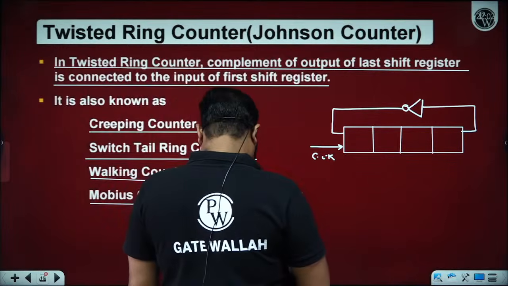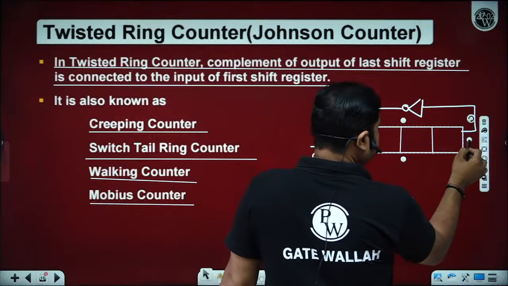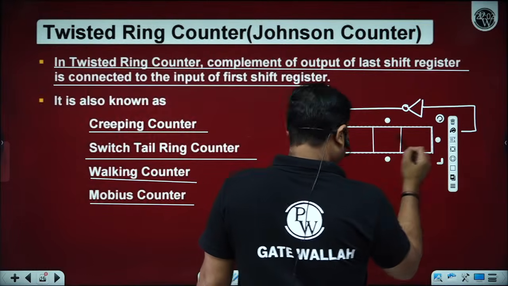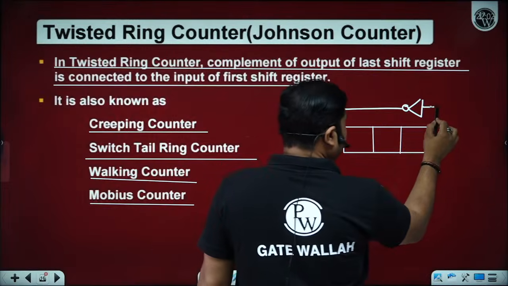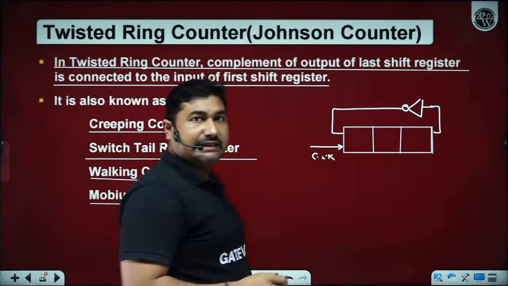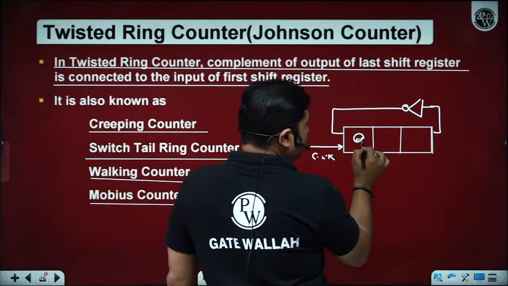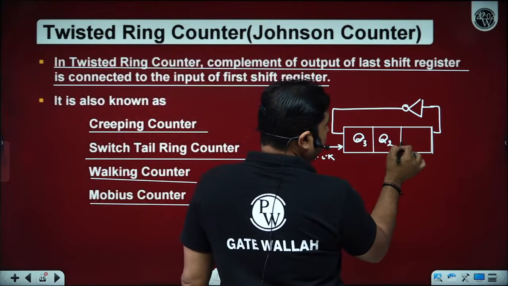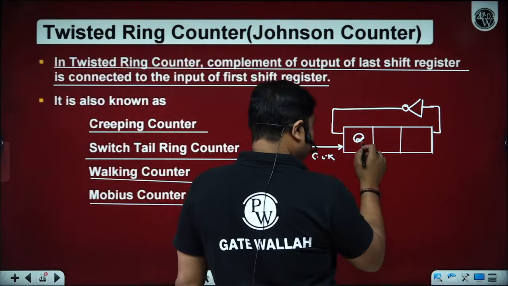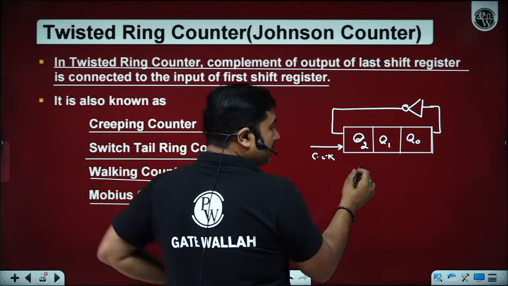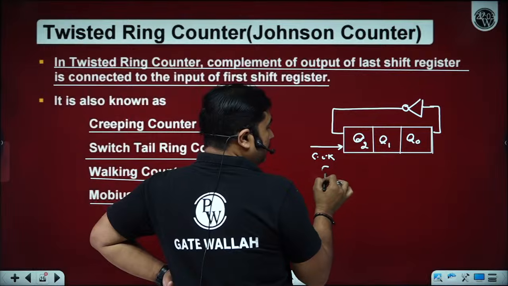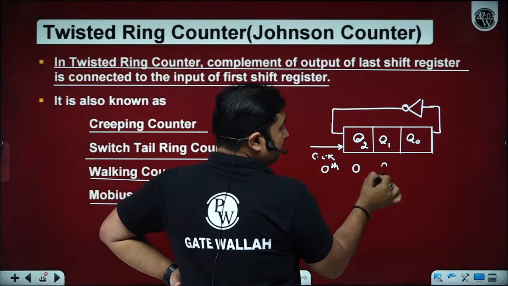Suppose if I design for 3-bit, then what are the different possible states of Q2, Q1 and Q0? Initially, on the 0th clock pulse, we have the state 0, 0, 0.